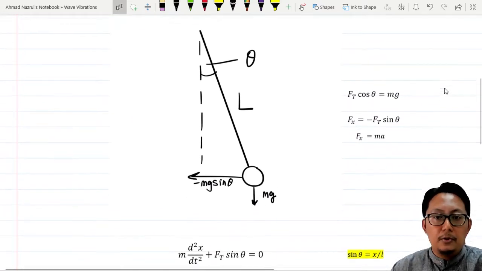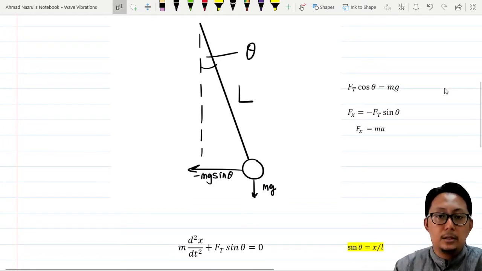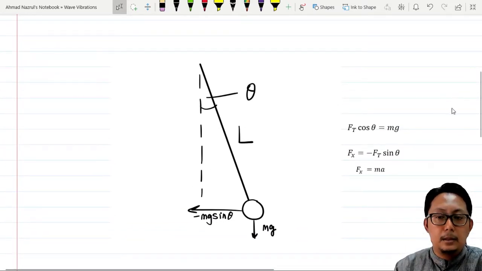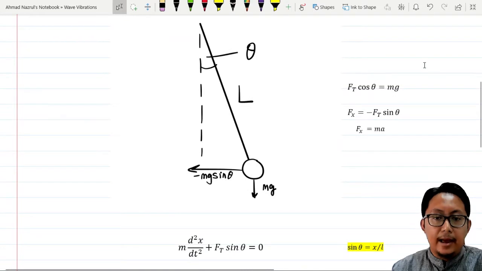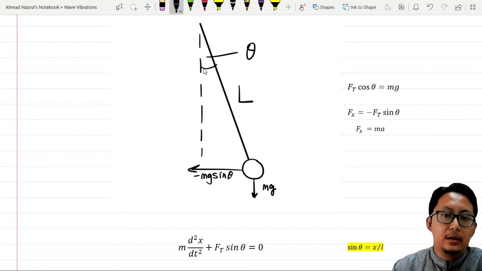This is the drawing for a pendulum. We have length L and a mass, and then the angle theta.